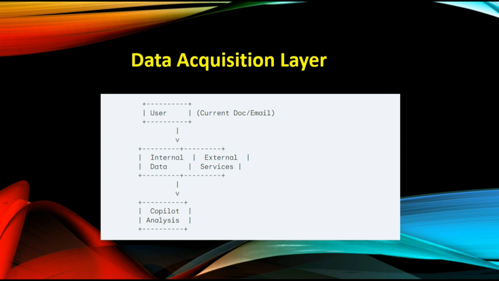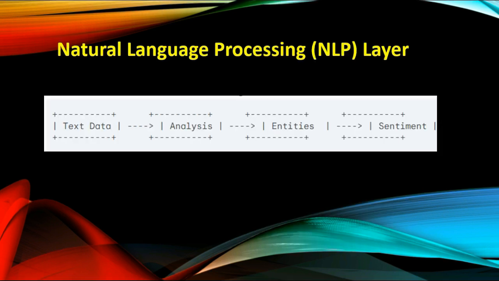Data sources could include users' current document or email content within the Office 365 application. Securely accessed organizational data sources authorized by the user, example, internal databases, SharePoint sites. Limited integrations with pre-approved external services, example, online dictionaries, Thesauri.